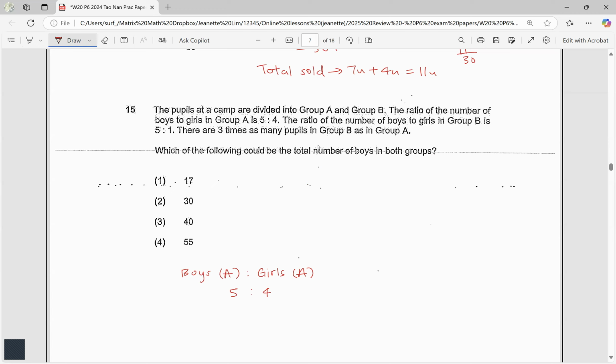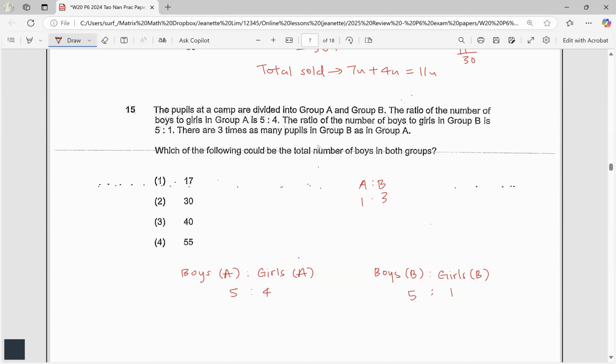Then the other ratio that we have will be boys in B to girls in B, 5 to 1. Then 3 times as many in B as in A. So if I were to write A to B, B is 3 times.